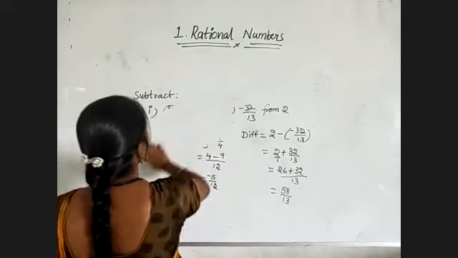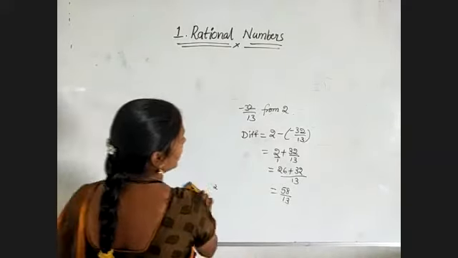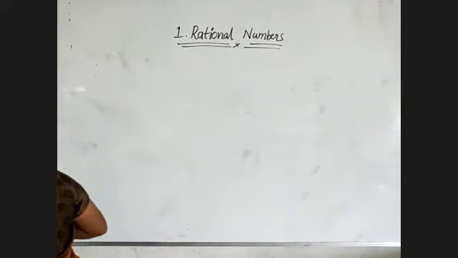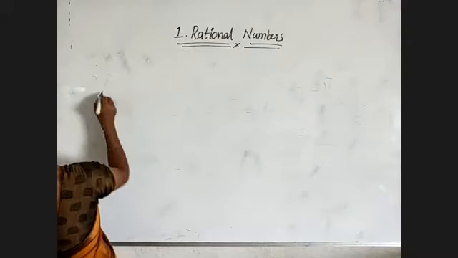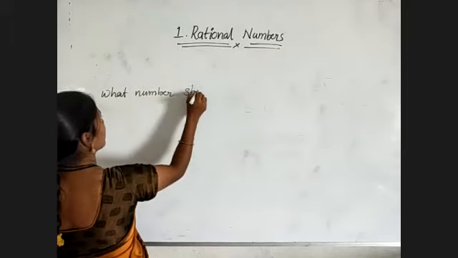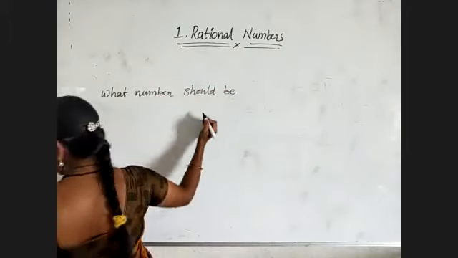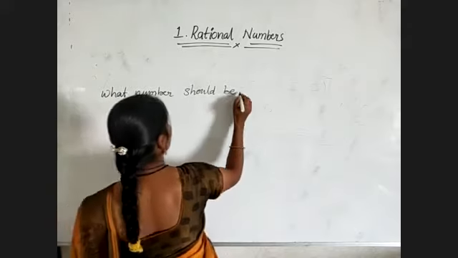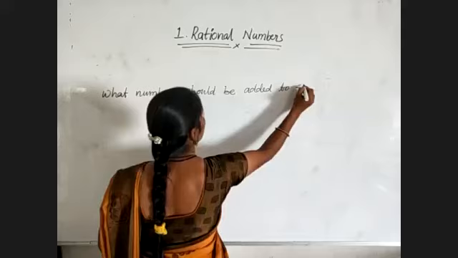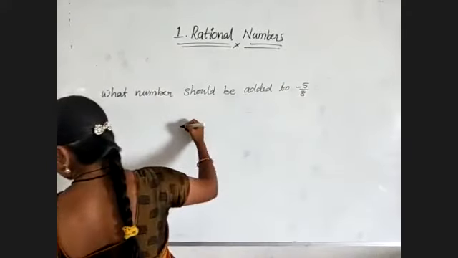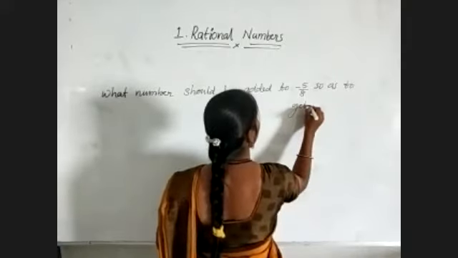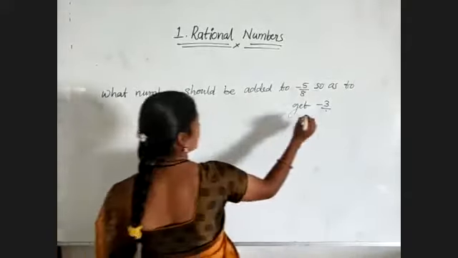And next, what number should be added, like that they are given? Then in that case, just observe. I'll give you the simplest solution. What number should be added to minus 5/8 so as to get minus 3/2?